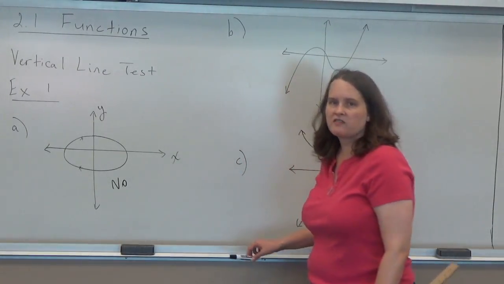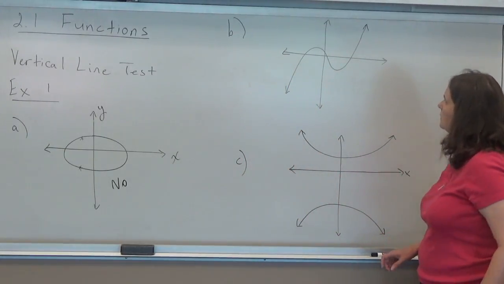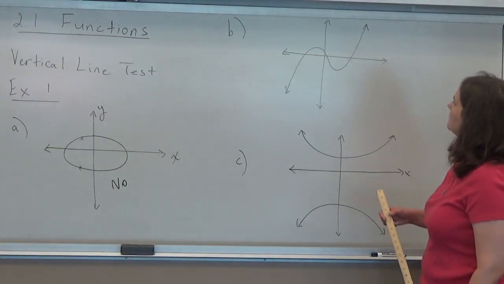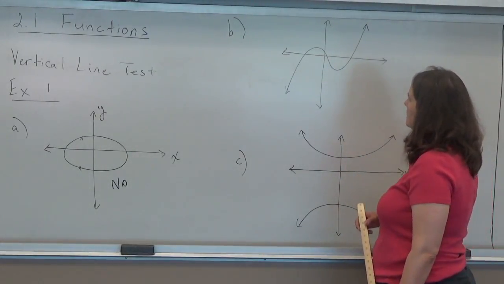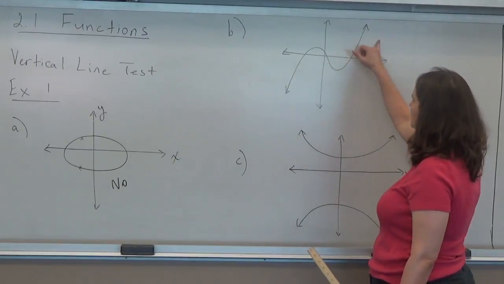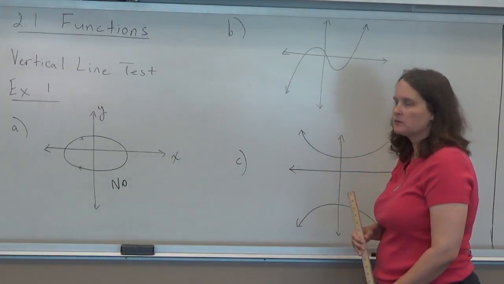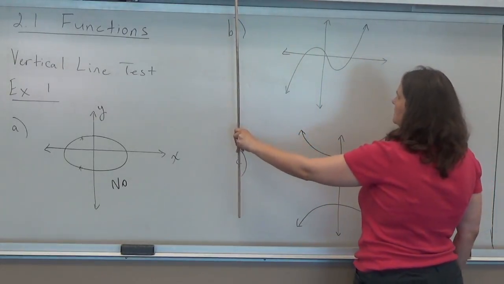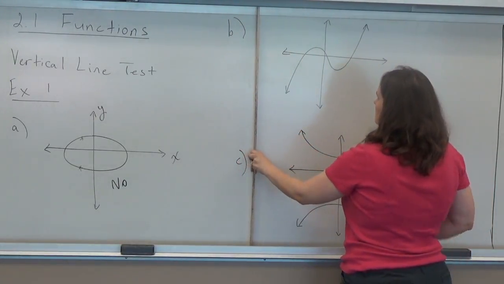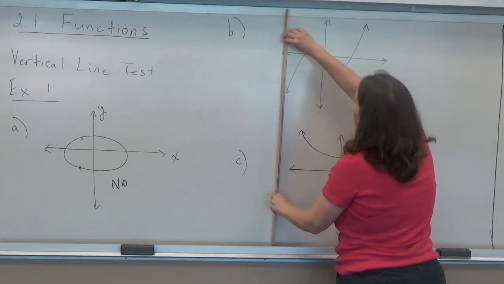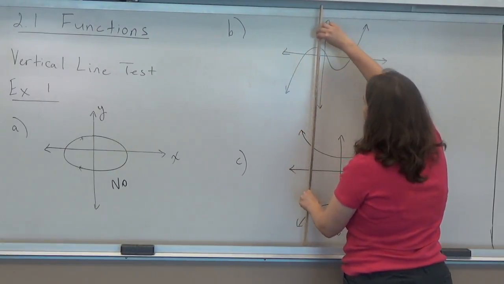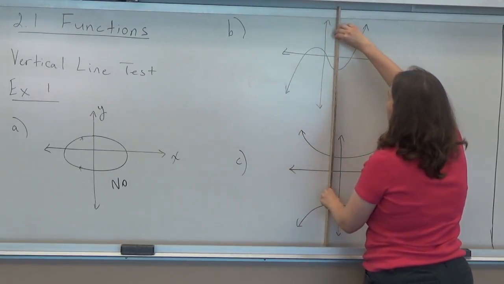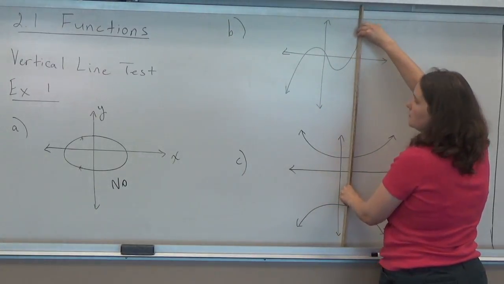All right, let's look at graph B. Over here, we've got a graph where the arrows on the ends are indicating that it's gradually spreading out in each direction. So as we move in from the left side, is there any way I can place this vertical line in here to make it touch my graph in more than one place at a time?